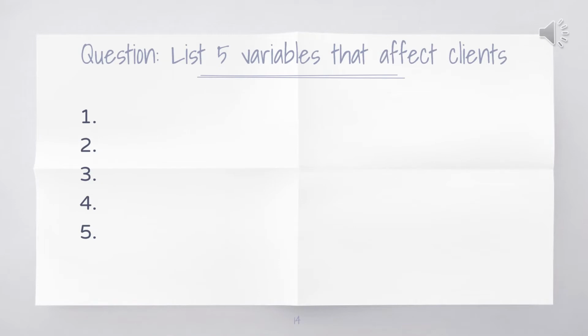On your homework sheet, fill in the question. List 5 variables that affect clients. I'll now give you some time to get that question filled in.